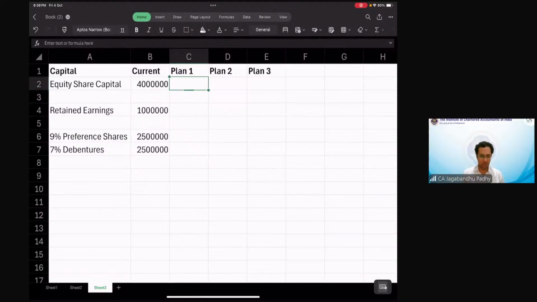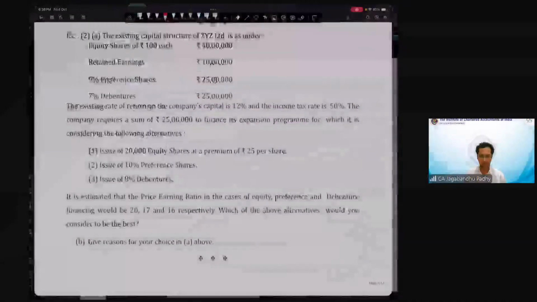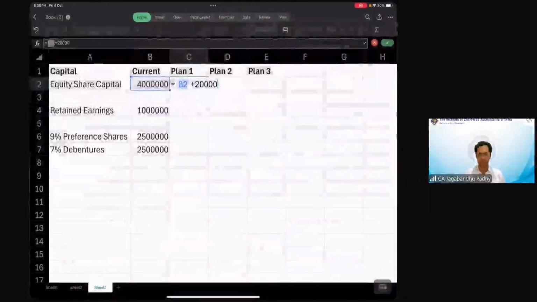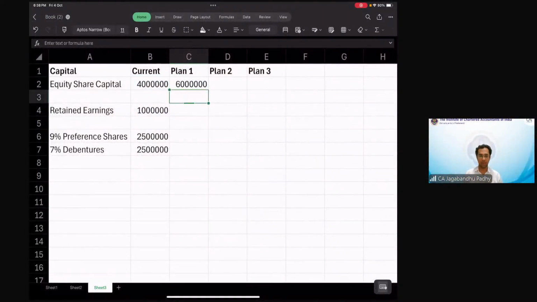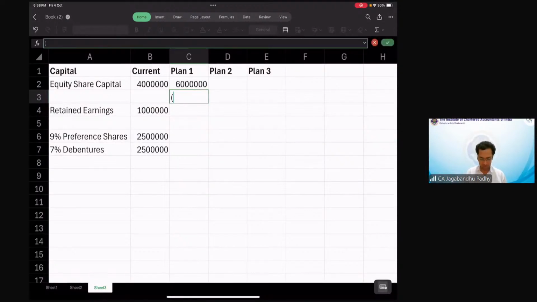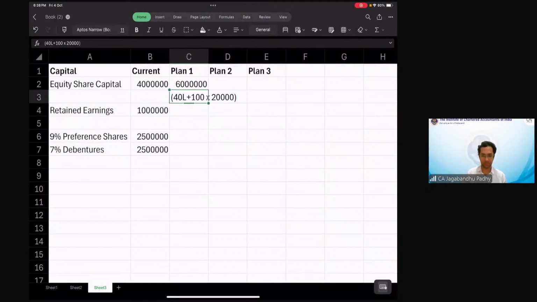Share capital will be 40 lakh plus we are issuing 20,000 shares multiplied by 100, because the face value is that much. So it is 40 lakhs plus 100 into 20,000.